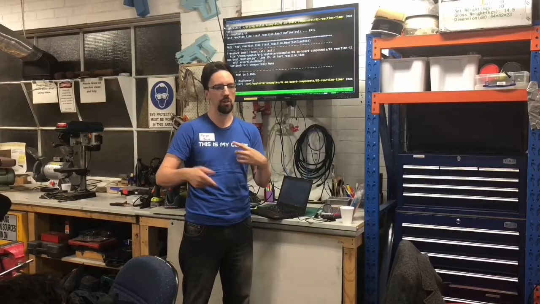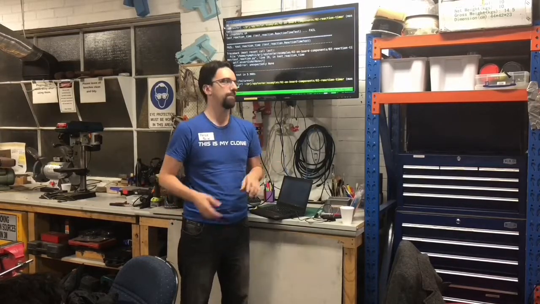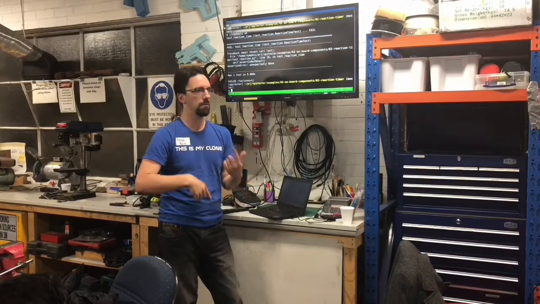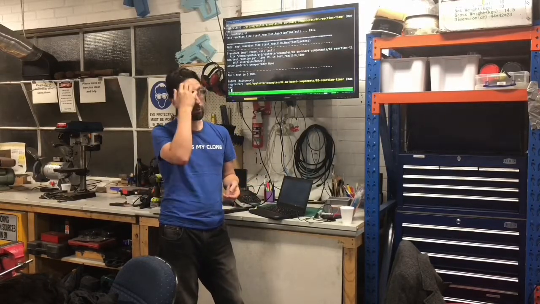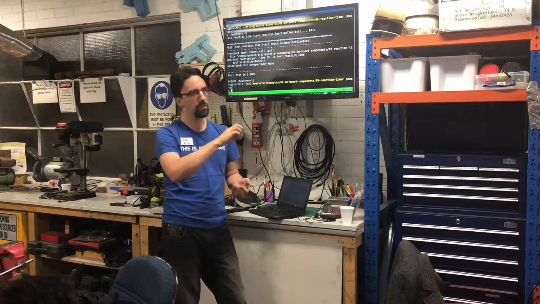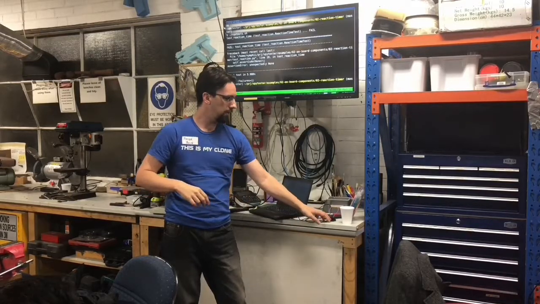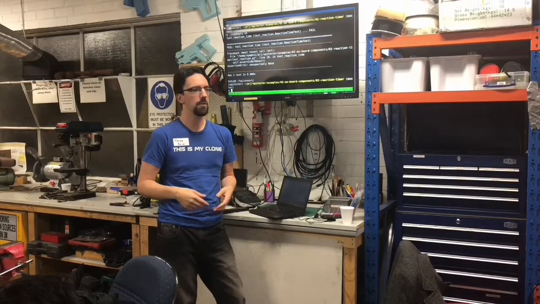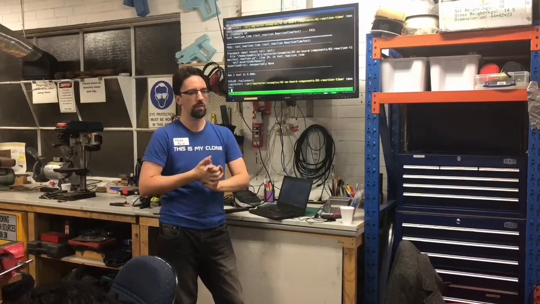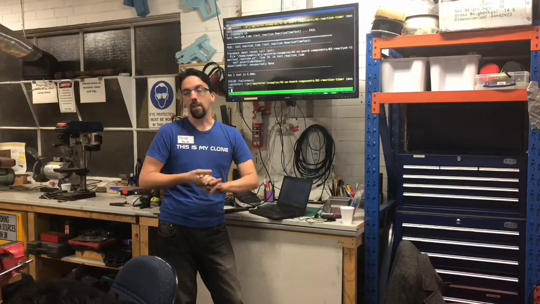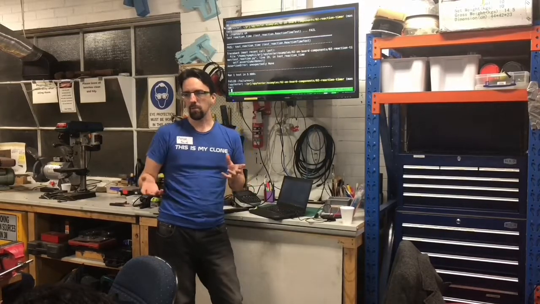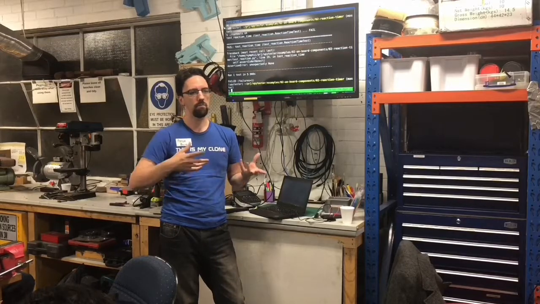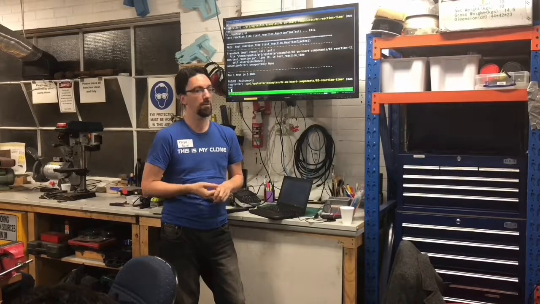Those CAN frames would have cyclic changes, so every 100 milliseconds you have a counter that would count up and then roll over. But you could do all that by sending a single request to the PyBoard, and it would just maintain that response. You could set that up a certain way, then stop it at a particular point and test that the ECU responded appropriately.